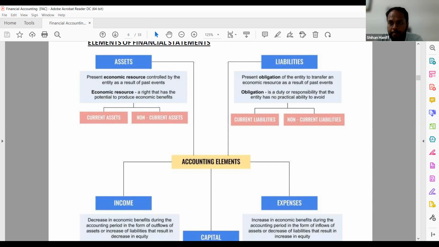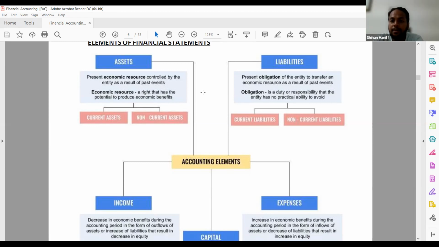Liabilities, same way you can remember. Number one, present obligation of the entity. Transfer of an economic resource and result of past event. To settle a liability, you have to give your economic resource. To settle a bank loan, you have to pay money. So what is an obligation?